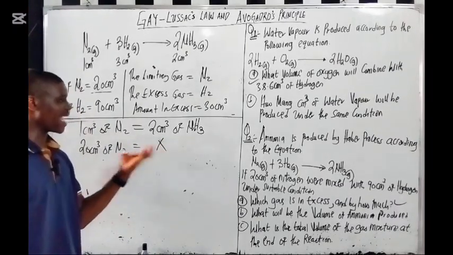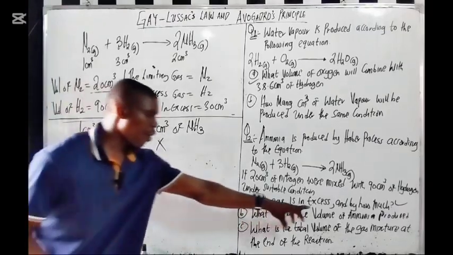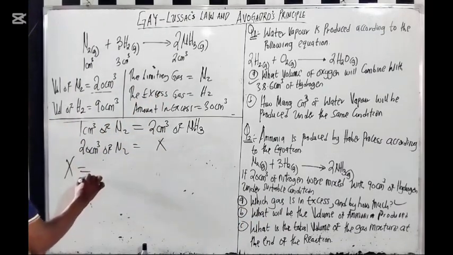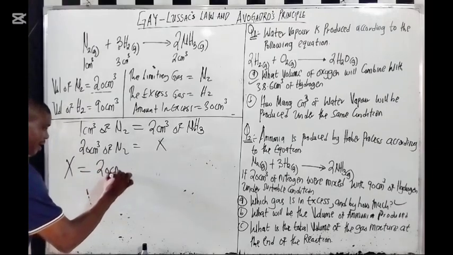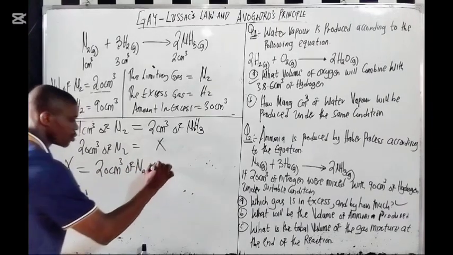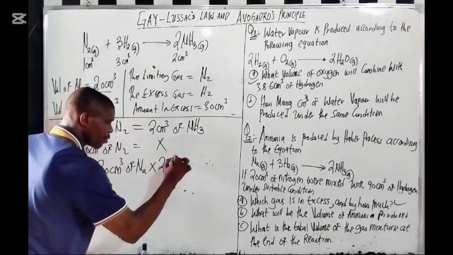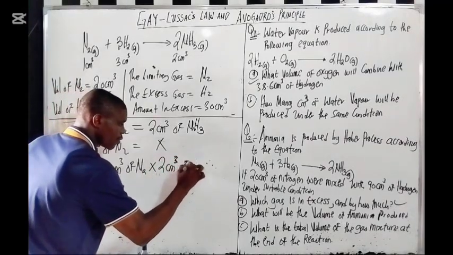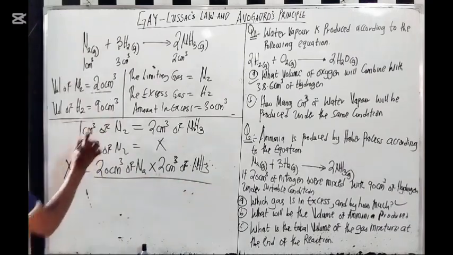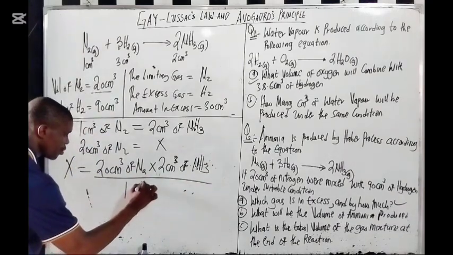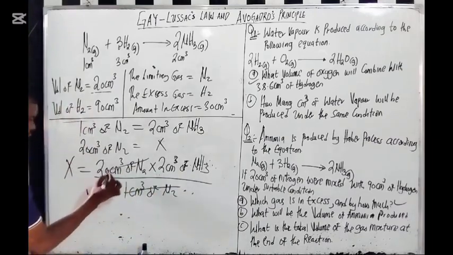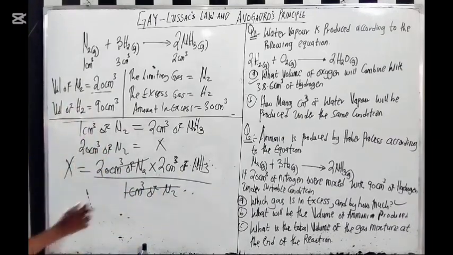Let's calculate X, which is the volume of ammonia produced. So X equals 20 cm³ of N2 times 2 cm³ of NH3 over 1 cm³ of N2. The cm³ of N2 cancels out, so it's 20 times 2, which is 40.